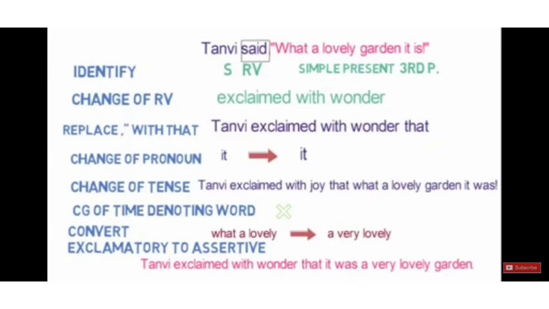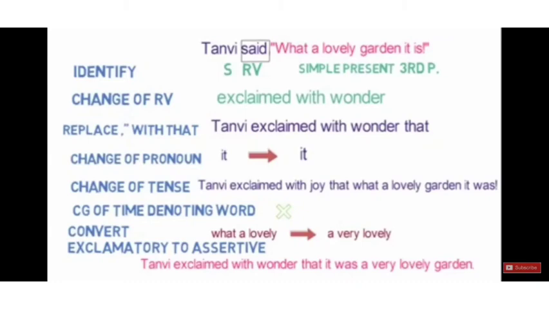Step 5, change of tense. Simple present tense is becomes was, simple past tense. Present tense is becomes past tense was here. Step 6, change of time denoting word. There is no time denoting word, so this step won't come here.